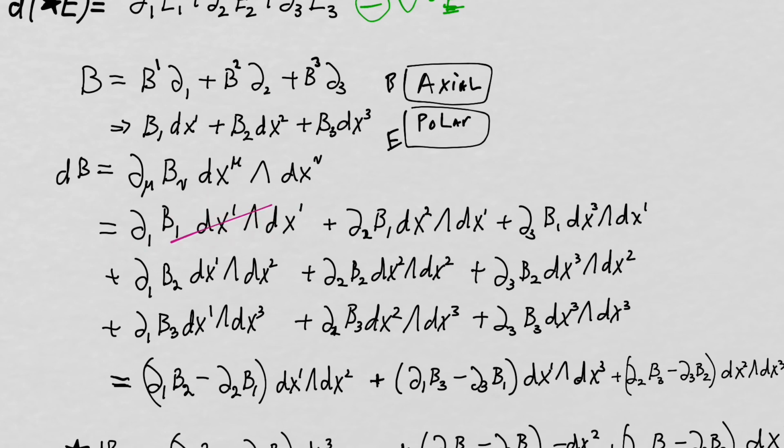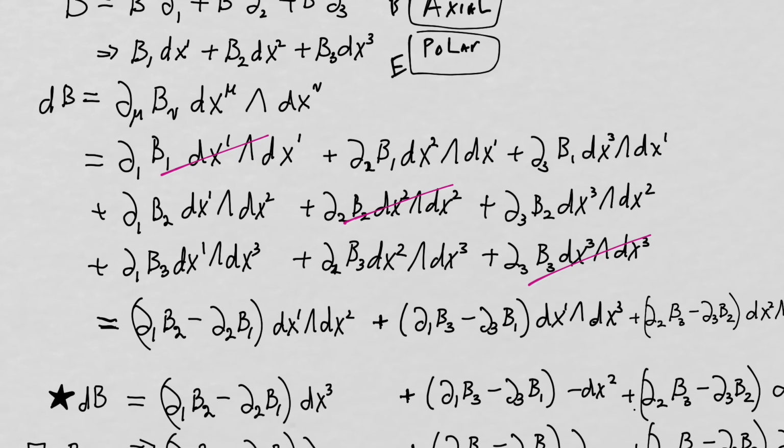So we know that that'll be 0. Likewise, the dx2 part will be 0, dx3 will be 0. And then that just leaves us with these components here. And what you see is you have the second partial derivative of B x1, dx2 wedge dx1, and then you find the first partial derivative of B x2, dx1 wedge dx2.